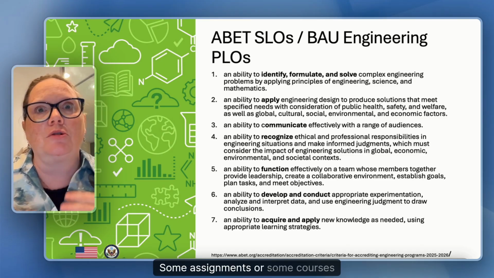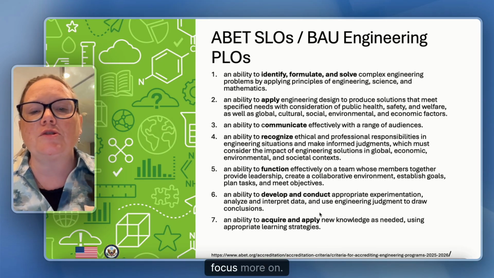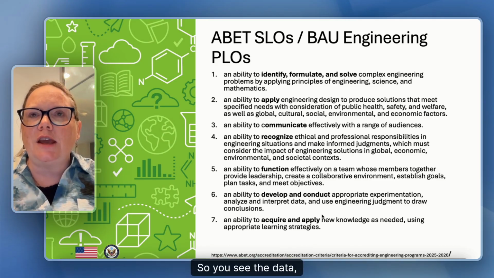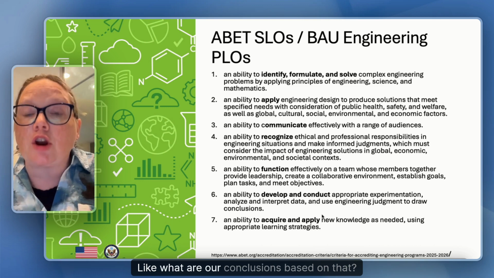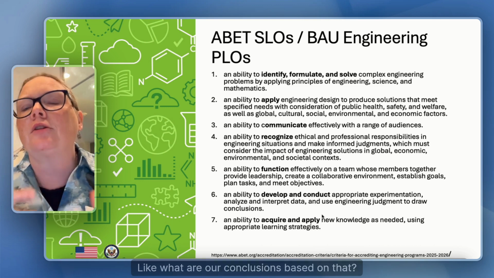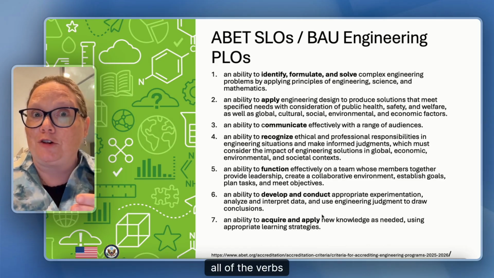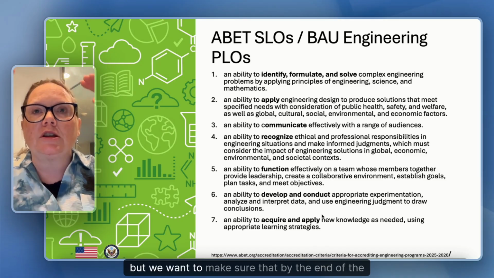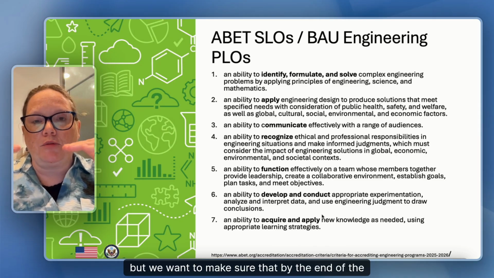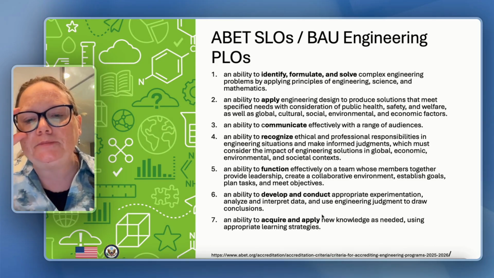Some assignments or courses may focus more on, so you see the data, you see the experiment, you've analyzed it, what are our conclusions based on that, right? So we don't have to do all of the verbs in a single course, but we want to make sure that by the end of the program, we've addressed all of those verbs.